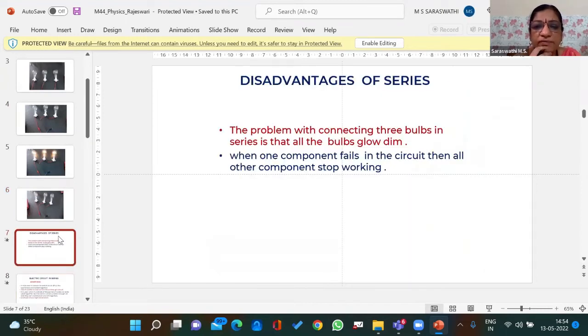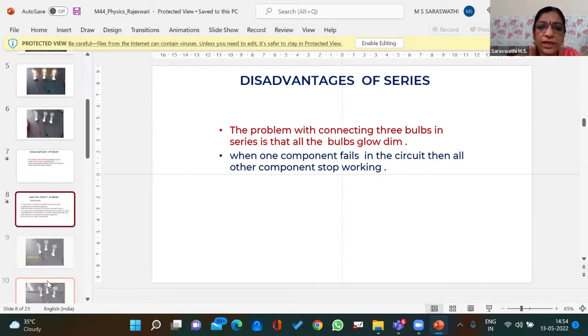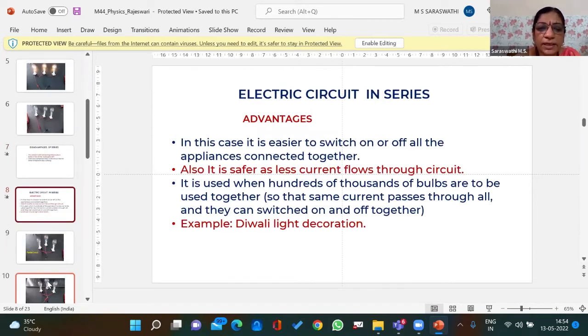What is the disadvantage of series? The bulbs will glow dim when they are connected in series. When one component fails in the circuit, then all the other components stop working. What are the advantages of series? In this case, it is easier to switch on or off all the appliances connected together.